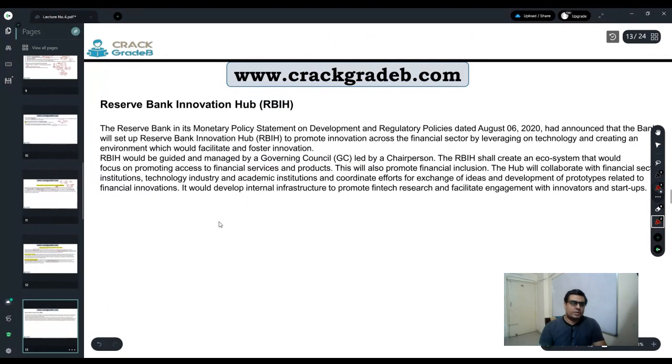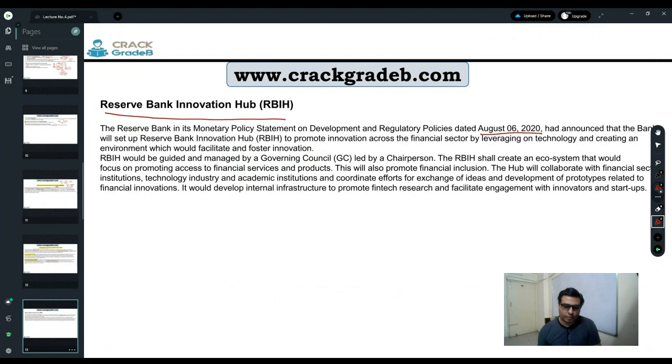Now, another organization, the Reserve Bank of India Innovation Hub. It was established under the Reserve Bank of India's monetary policy statement, in line with the government's Make in India initiative, Startup India, and a lot of other things. The idea was how these innovations can be more useful and helpful in the financial parlance.